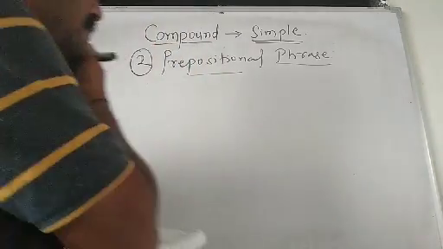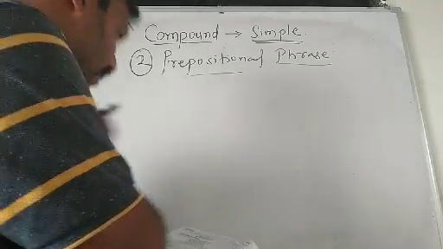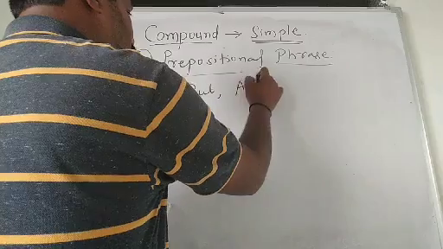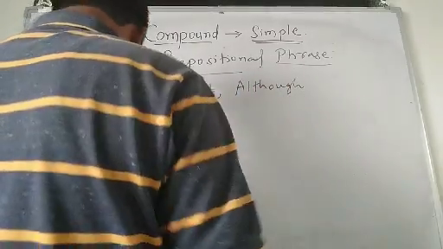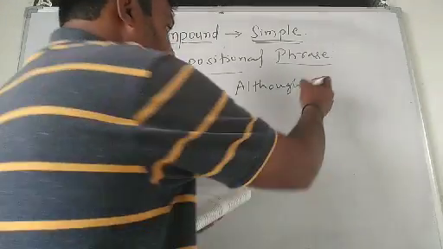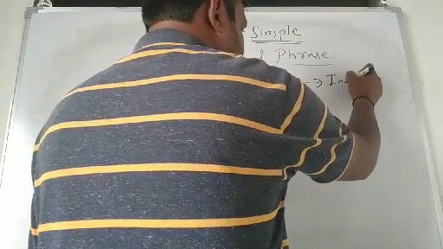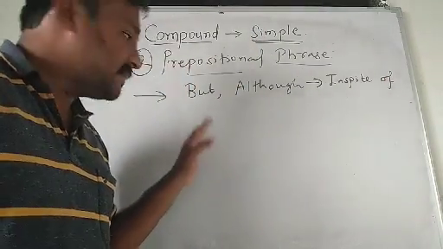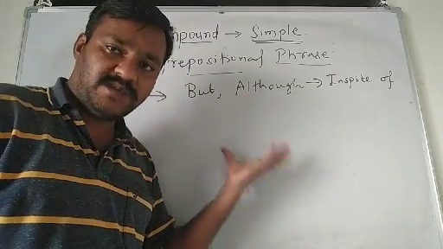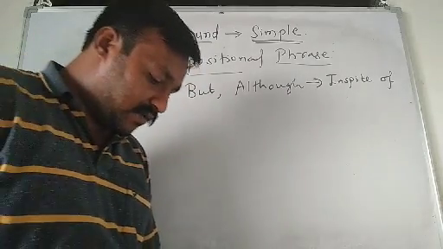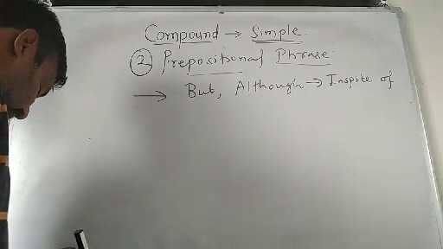In most of the compound sentences, for your idea, where but, although, though such kind of words are given, they should be changed into in spite of. In the sentences, if in compound sentences but, though, although these words are used, these words should be changed into in spite of. So let us look at one example.